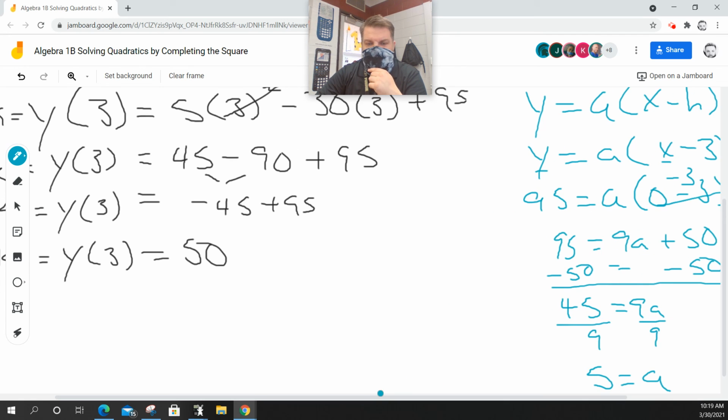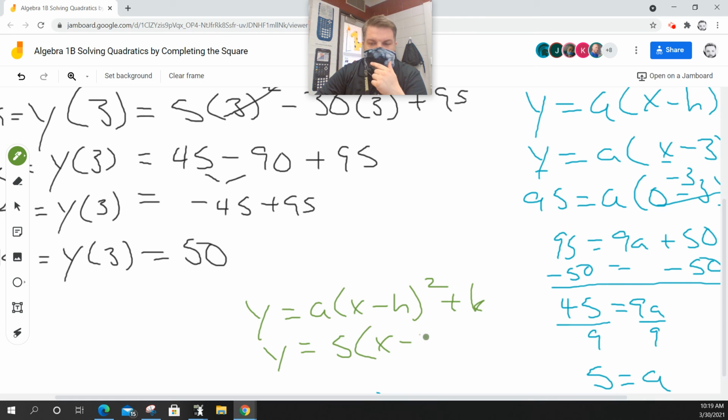So then what is the final equation? Well, the final equation is going to be y is equal to a times x minus h squared plus k, where a is equal to 5, h is equal to 3, and k is equal to 50.